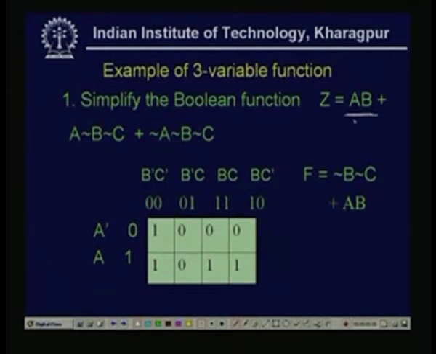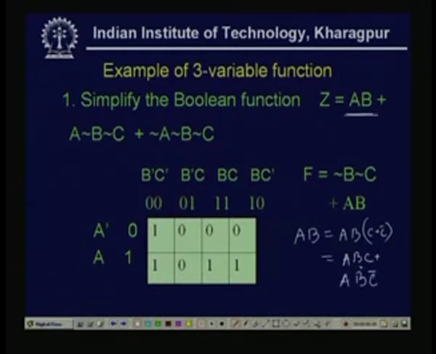Now, if I introduce the literal which is absent there, A B becomes A B into C plus C bar, which means this becomes A B C plus A B C bar.